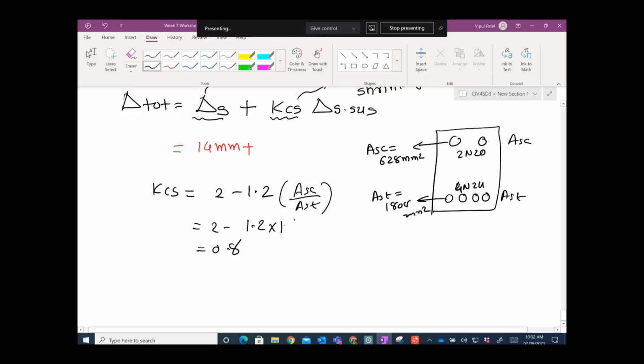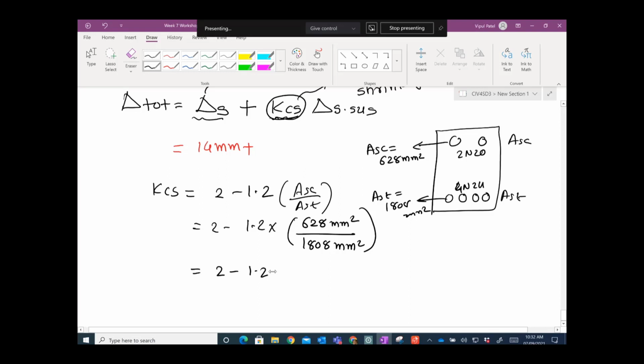So it's not 1 in our case. Look, this is a penalty. The standard just applies this 628 millimeter square over 1808 millimeter square.